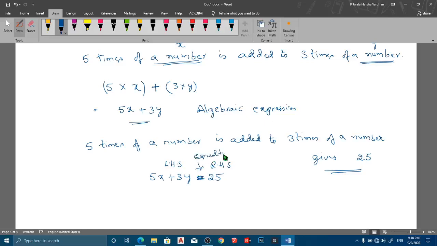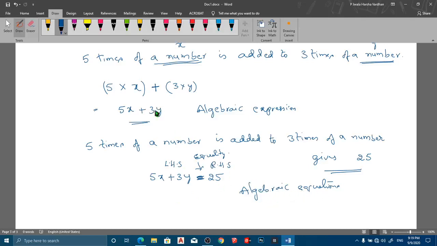Equality symbol. Okay. So this type of statements are called algebraic equations, because this expression is having some equality symbol in between LHS and RHS. It is called as the algebraic equation.